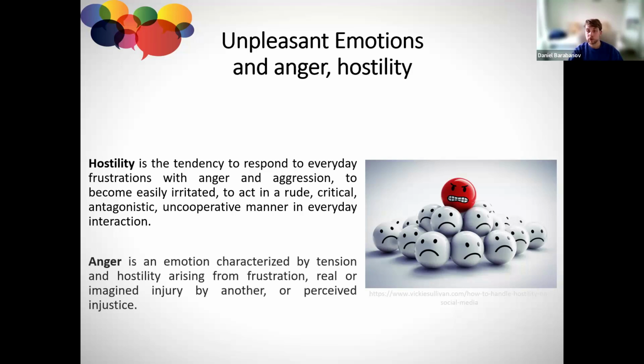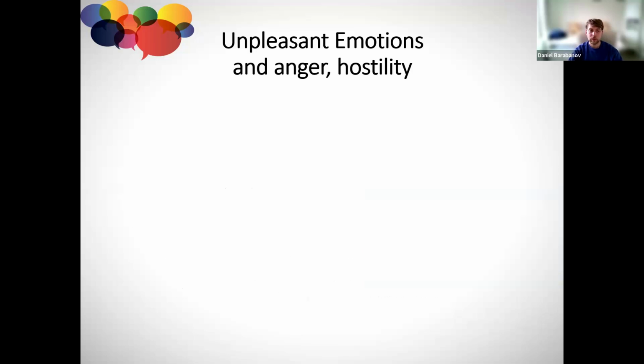Anger is an emotion characterized by tension and hostility arising from frustration, real or imagined injury by another, or perceived injustice. So basically, anger is an emotion, hostility is a behavioral reaction. It's not exactly the same, though they're interconnected.